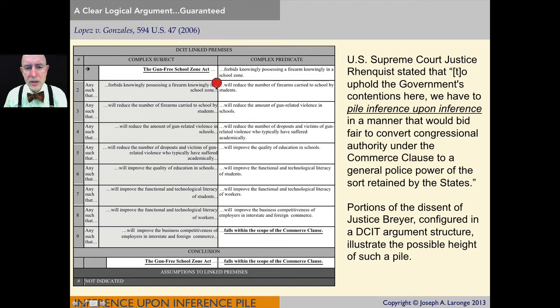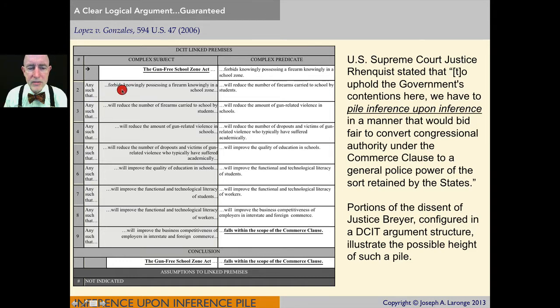So this was the number of, and of course we have 1, 2, 3, 4, 5, 6, 7, 8 inference steps here. And here the court was saying, well, the Gun-Free School Zone Act forbids knowingly possessing a firearm in a school zone.